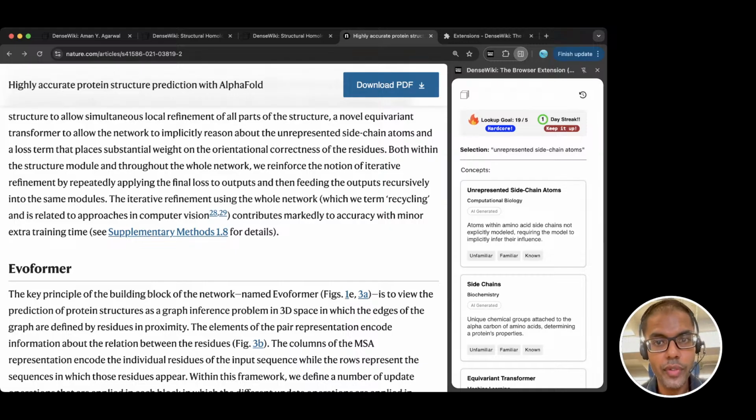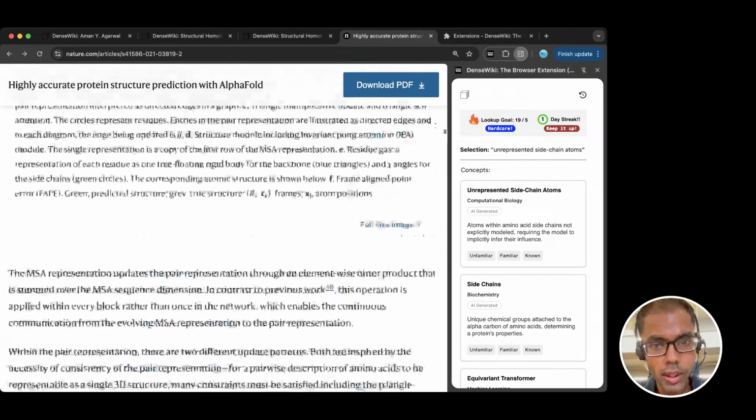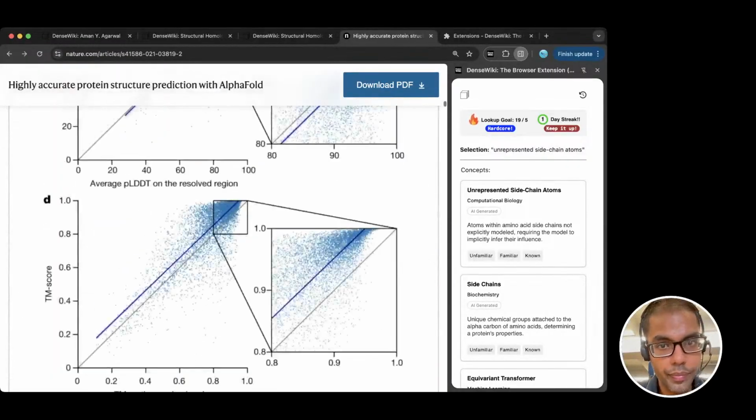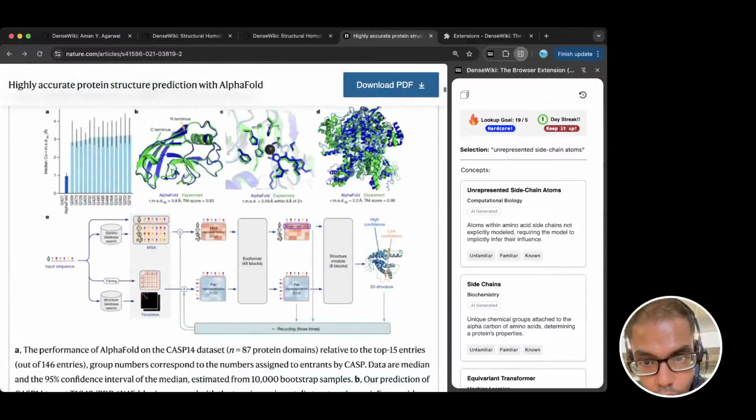We reinforce the notion of iterative refinement by repeatedly applying the final loss to outputs and then feeding the outputs recursively into the same models. Oh, okay, interesting. The final loss, right? Here, the final loss is also added to this recycling and then fed back.